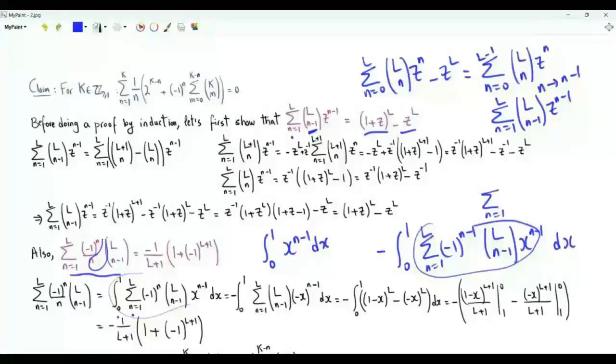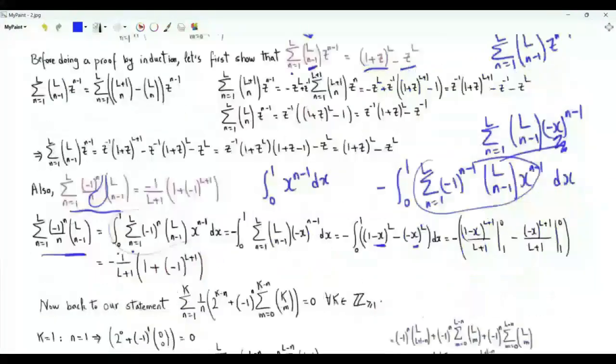This sum is n from 1 to L, L choose n minus 1, (-x)^(n-1). This is exactly the first result with z replaced by minus x. This sum here is minus integral x from 0 to 1, (1 - x)^L minus x^L. Carrying out the integration, we find that this sum is minus 1 over L plus 1 times (1 + (-1)^(L+1)).